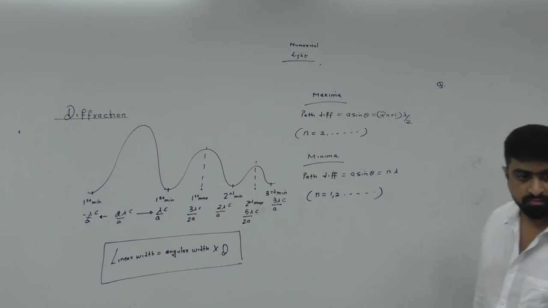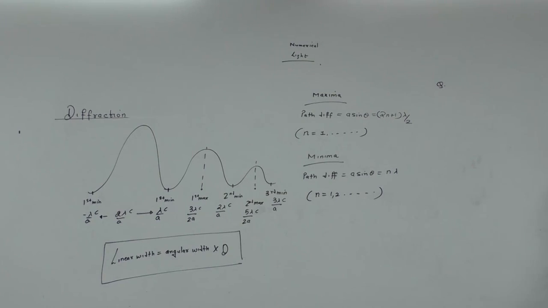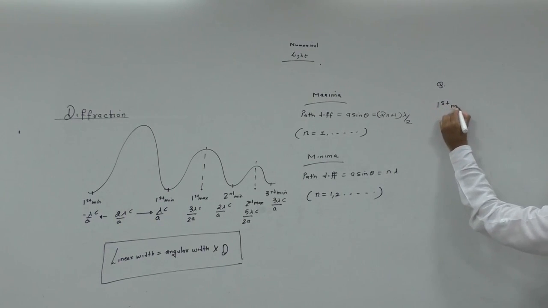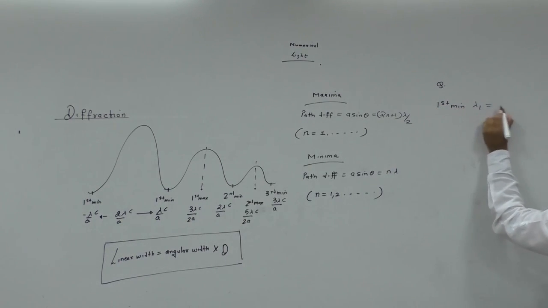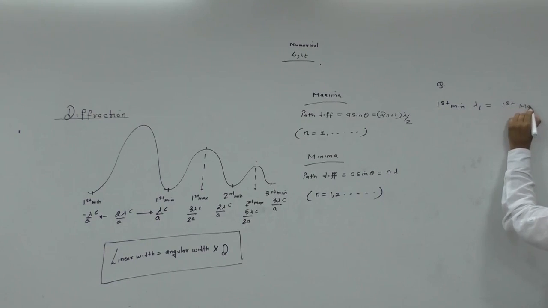Find lambda 2. They are telling you that the position of the first minima of lambda 1 is coinciding with the first maxima of lambda 2.